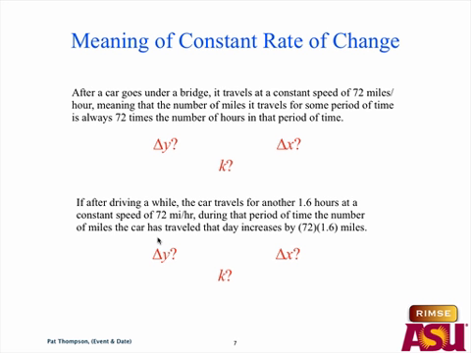Well, we don't know x. But it was changes. Change in x. 1.6 hours. Constant rate of change, 72. Delta y is k times delta x, or 72 times 1.6.